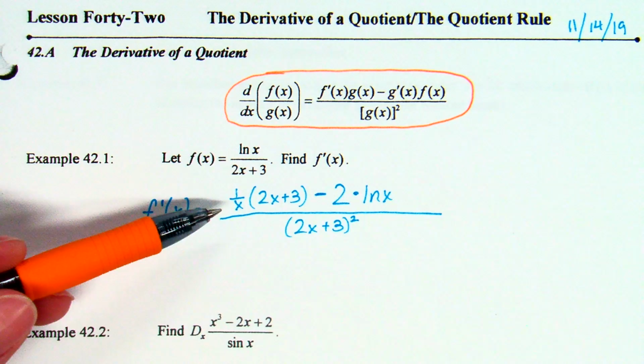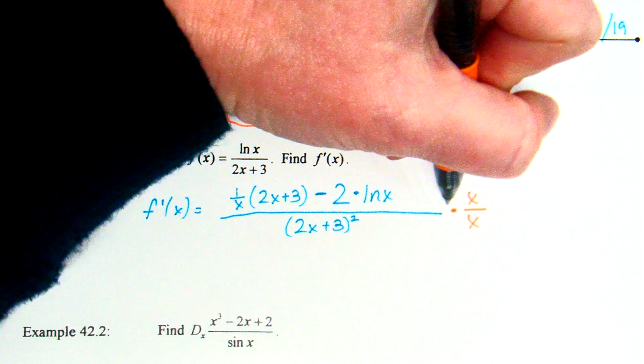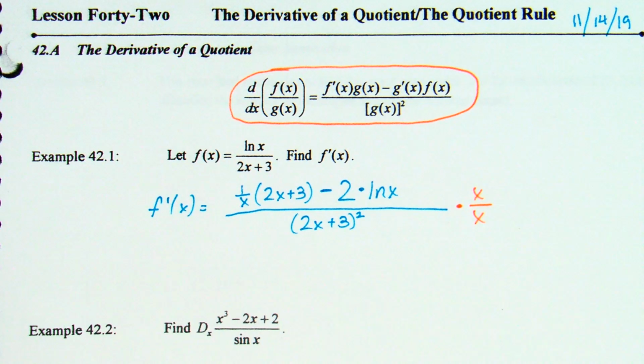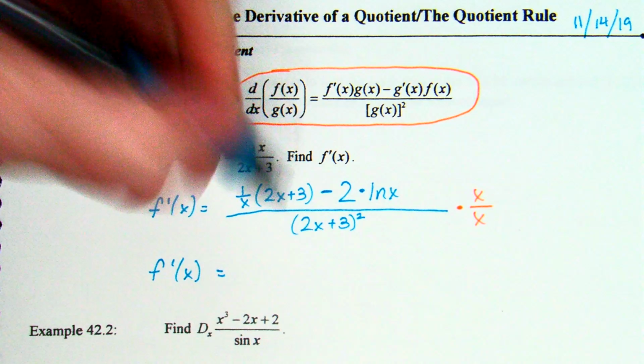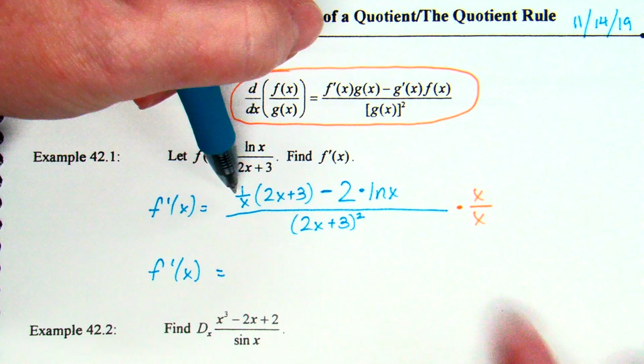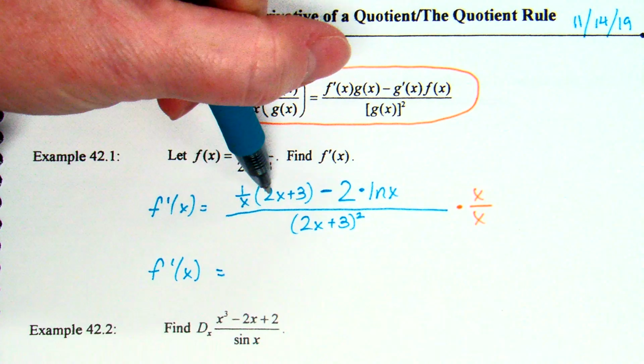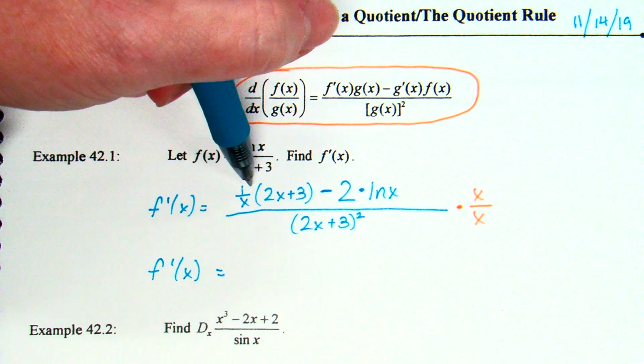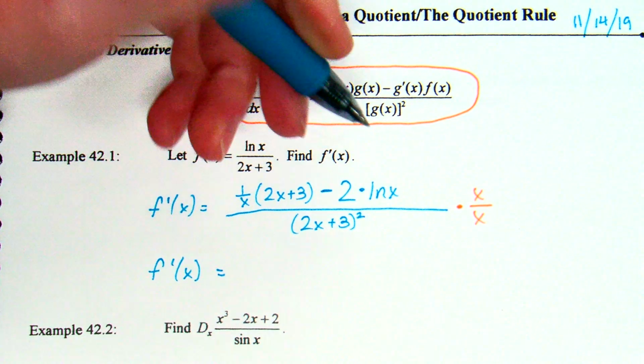So I'm going to multiply the numerator by x. If I multiply the numerator by x, you also have to multiply the denominator by x, because whatever you do to the top, you do to the bottom. This is, I think, the only cleanup step we'll take here. So we're multiplying everything by x. You can distribute as we go. 1 over x times 2x, those x's cancel, and you're left with a 2, and we're also multiplying by x, which makes it 2x.